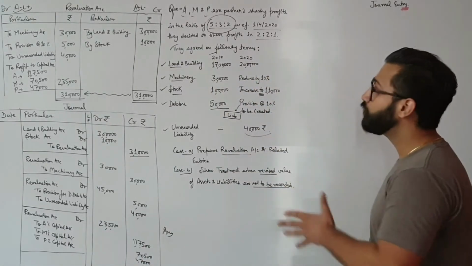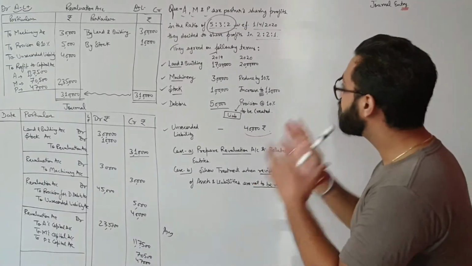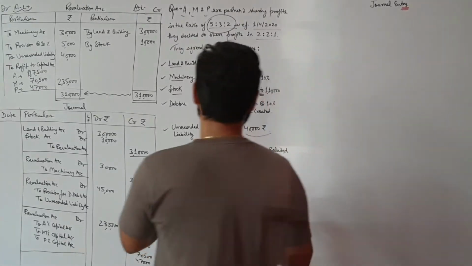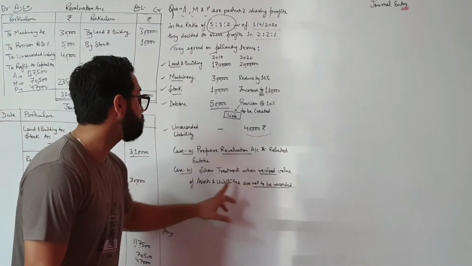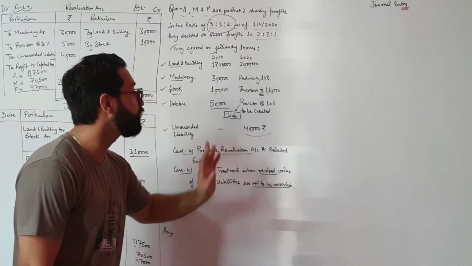So now let us move and solve this question with case B, a different method showing treatment when revised values of assets and liabilities are not to be recorded.